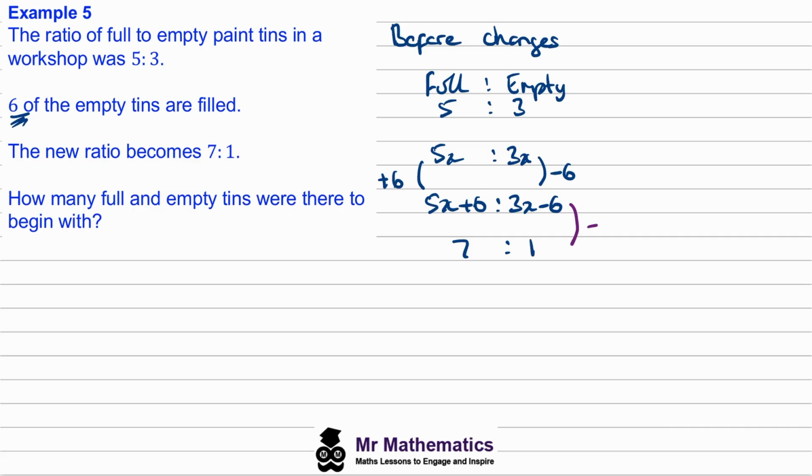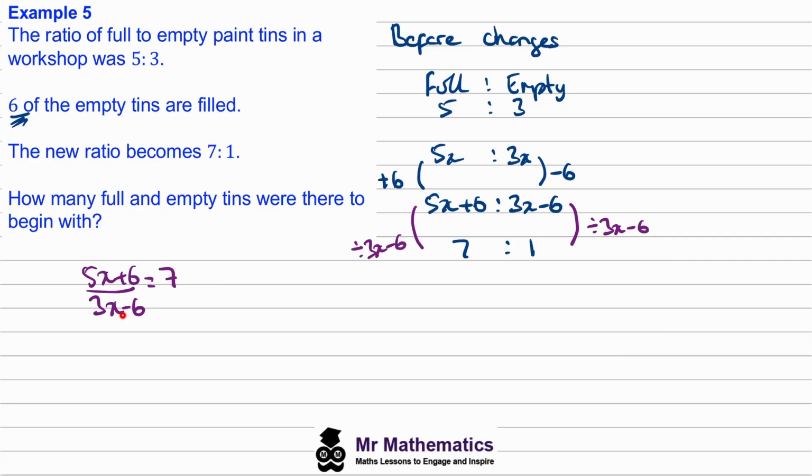So we need to divide this one by 3x minus 6. Dividing it by itself will give us a 1. And then we do the same to the other side. We divide this by 3x minus 6. And you can see that the ratio remains balanced. So 5x plus 6 divided by 3x minus 6 will equal 7.